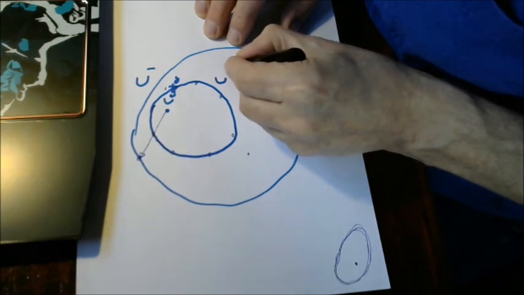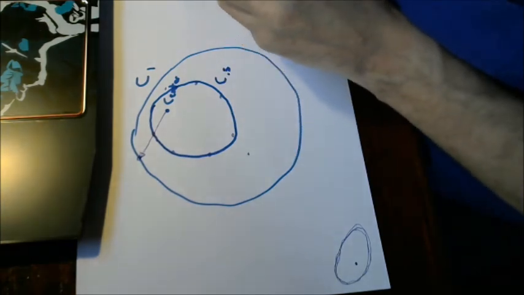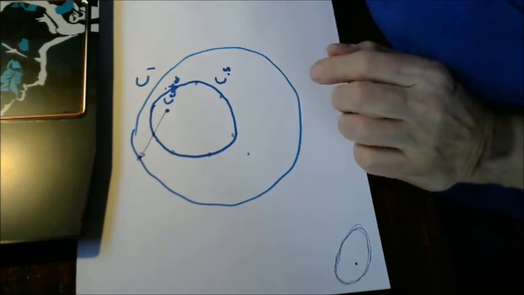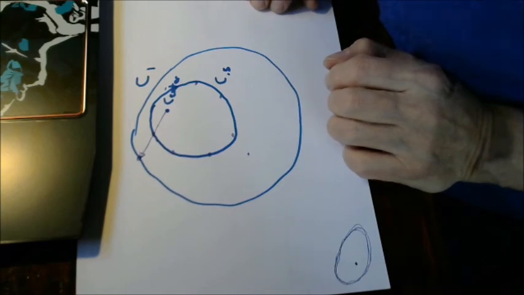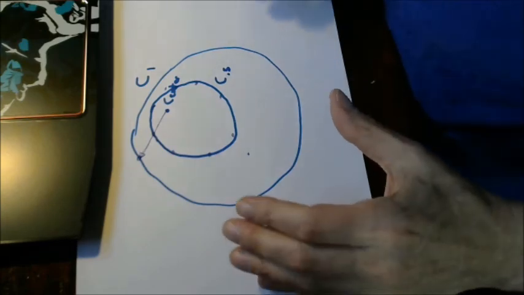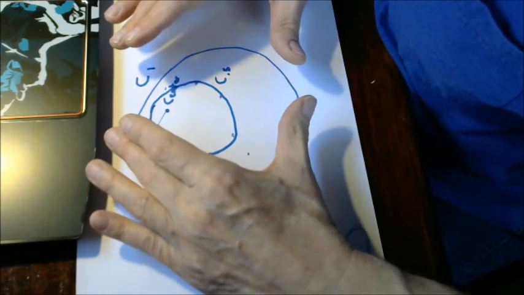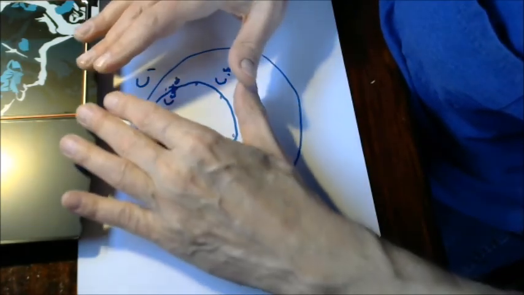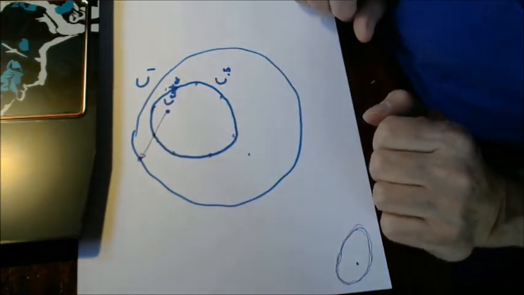This is C sub 0.5. So imagine this family of curves starting at C1, the original curve, and then shrinking down from C sub 1 toward the center as alpha decreases from 1 toward 0.